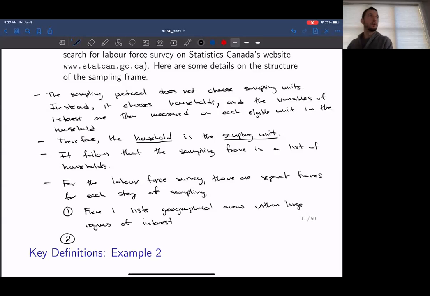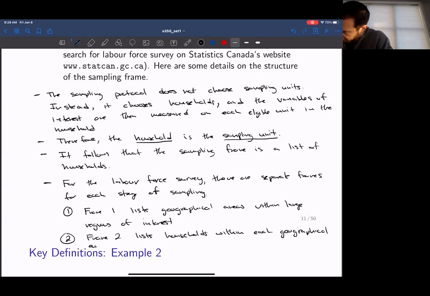And two, okay, so frame 2 lists households within each geographical area.